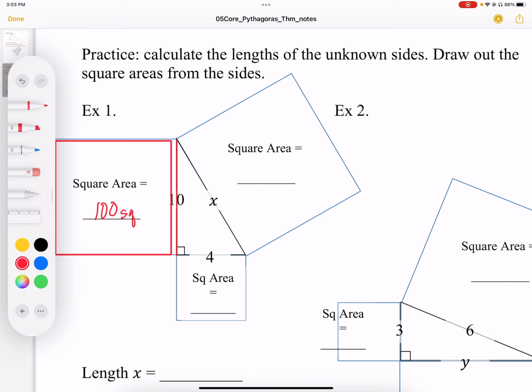If I have an edge length of 4, this square area is going to give me an area of 16 squares. And what we then do is use those squares to find out the third square. So that diagonal square is the biggest square. So then we can add those two squares together to get 116 squares.